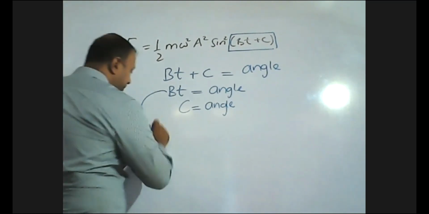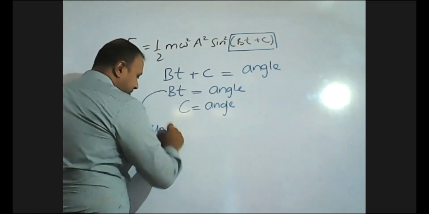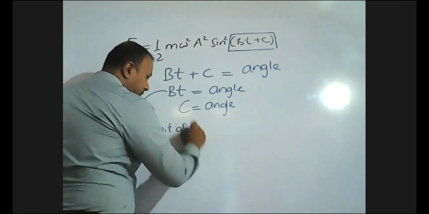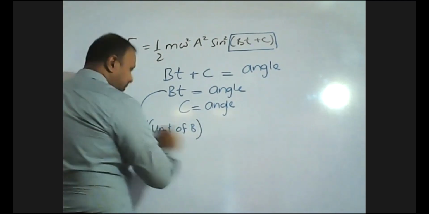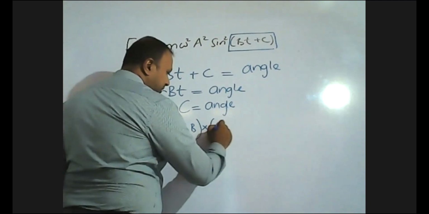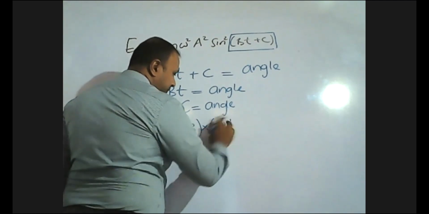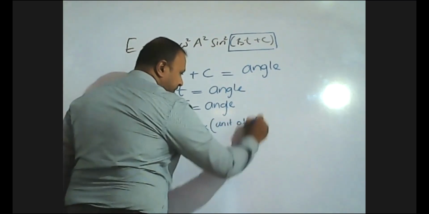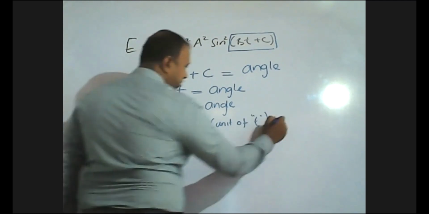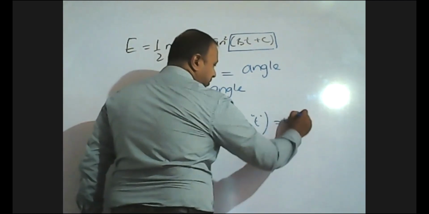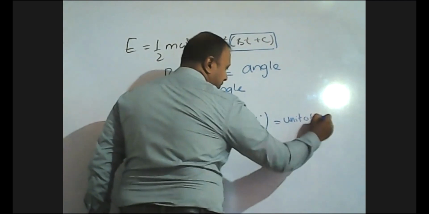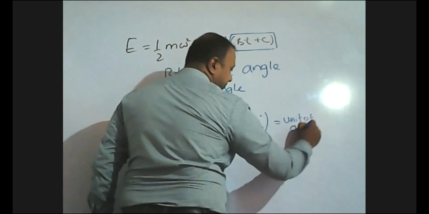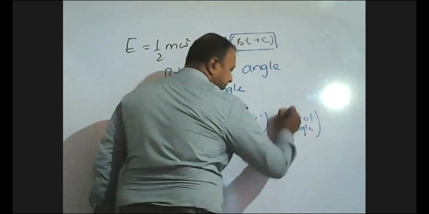So unit of B into unit of T should be equal to the unit of angle.